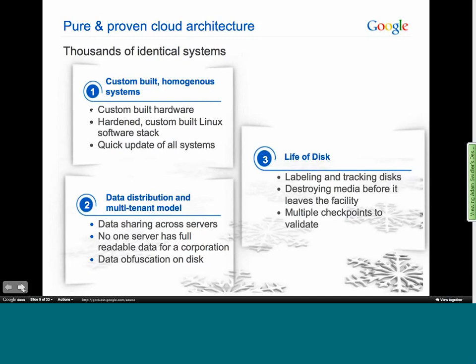It helps reduce the potential vulnerabilities that might be exploited, because this is a custom-built piece of hardware that is designed to support the cloud applications that we deliver, including Google Apps. Similarly, on the software side, we have a hardened custom version of the Linux operating system running on this custom hardware.